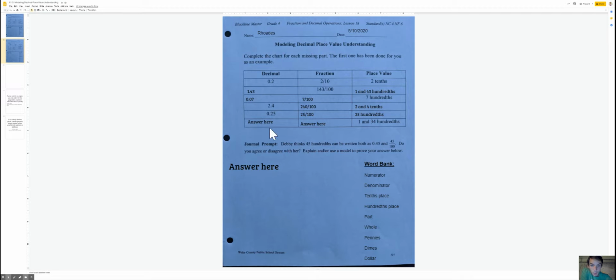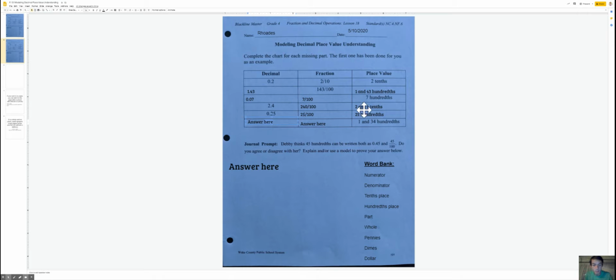Now for your decimal fractions down here, we're working with 1 and 34 hundredths. Your decimal, much like up here, if you need help, look back at what you did before. You see that 143 out of 100 and 1.43 represented 1 and 43 hundredths.